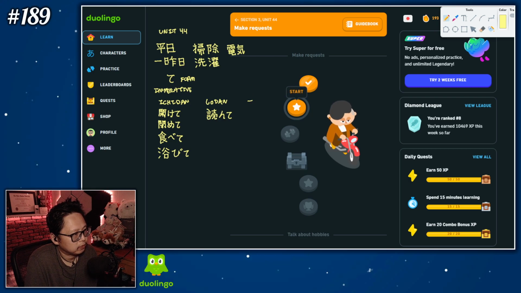We also have irregular. Let's put in irregular. So we have shite. Or suru. Shite. What kind of prompts do we get?